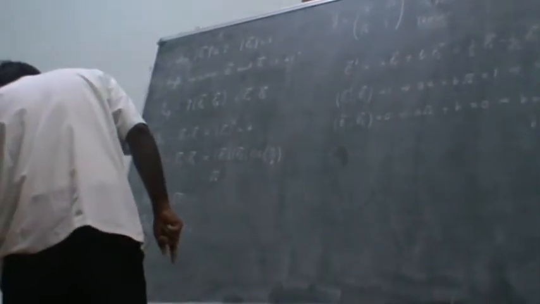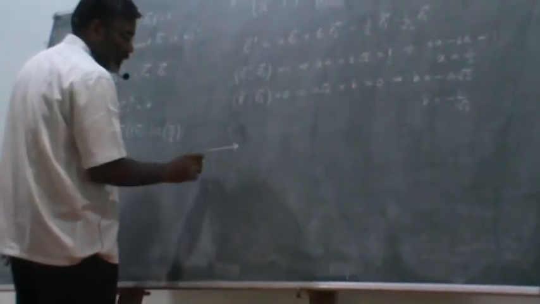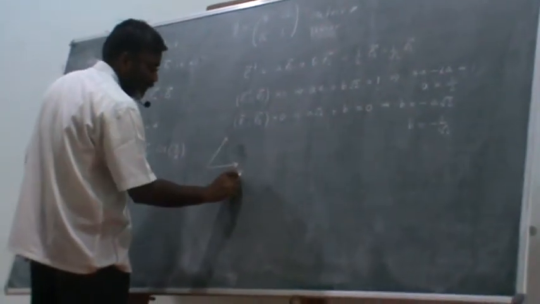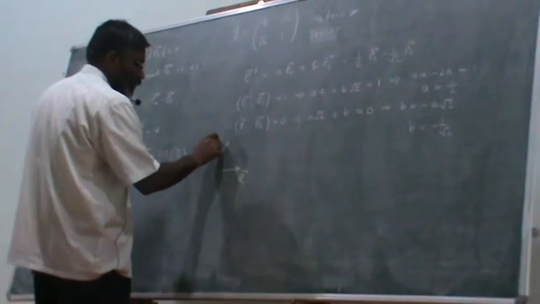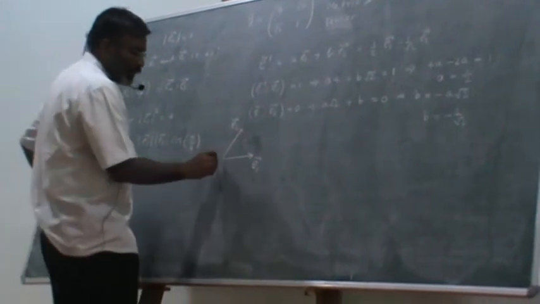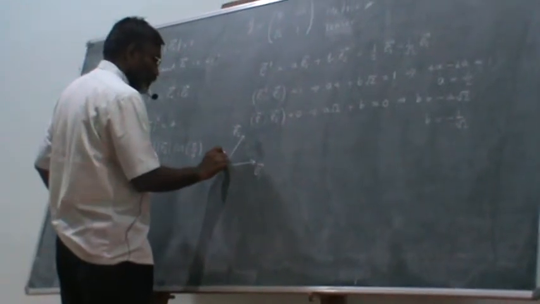So let me see if there is a faster way. Maybe we can use a little bit of geometry here to visualize. So A is like this and B is like this. This is E1 and this is E2. Now E1 tilde should be perpendicular to this, so it will be like this.